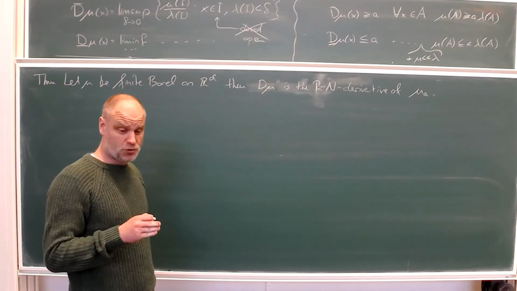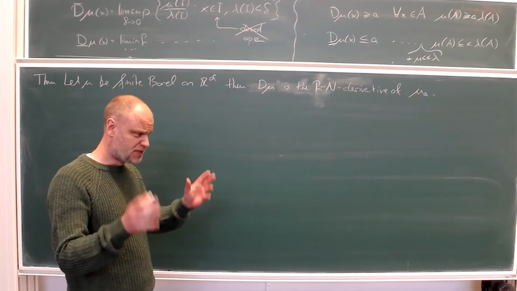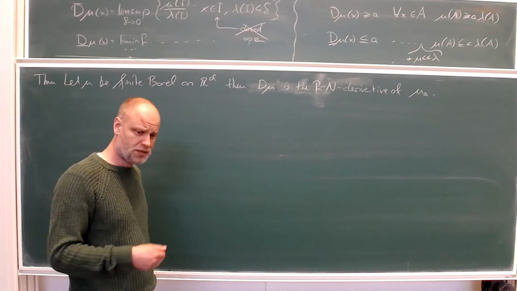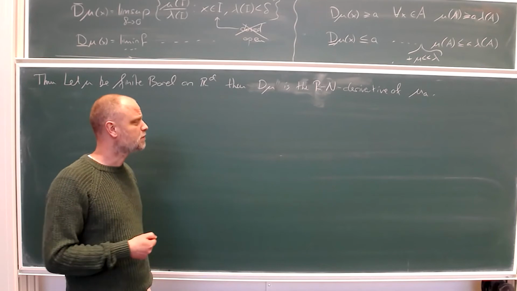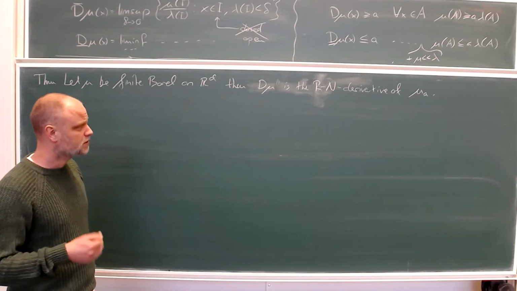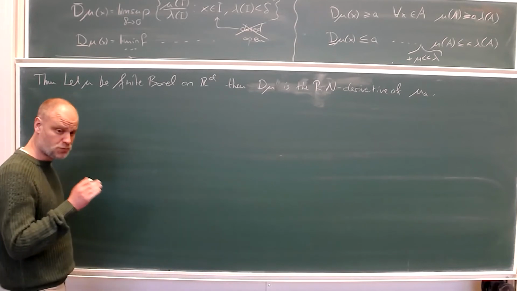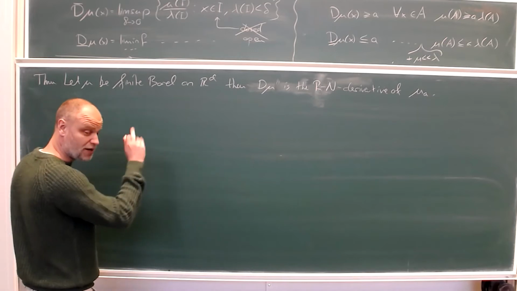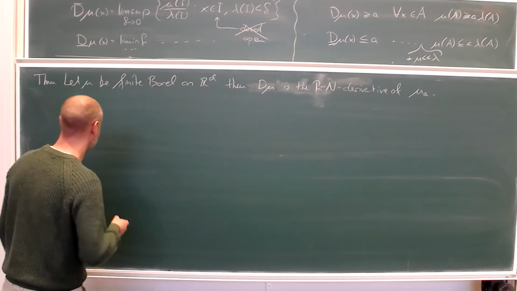As usual, once you have set up the necessary artillery, doing the main theorem is not all that hard. So let's first assume that we just have the absolutely continuous part to worry about.